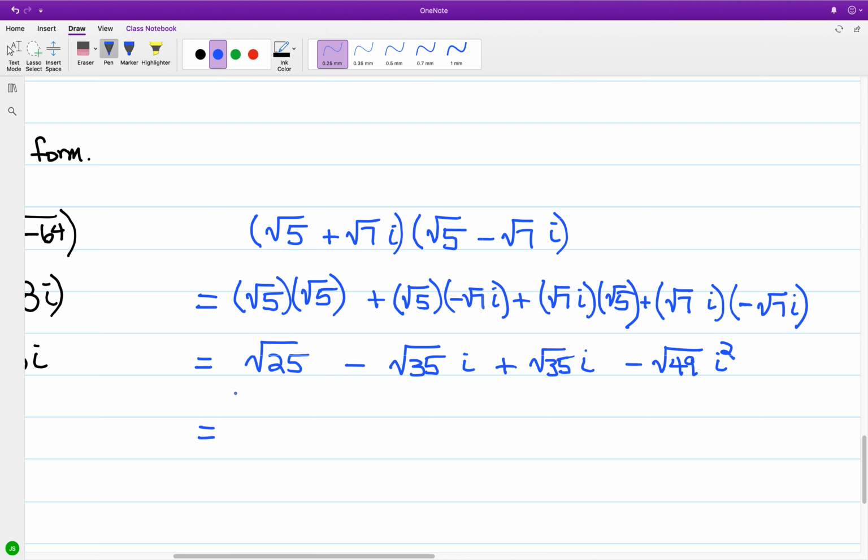Now, with the i terms of first degree in the middle, these will cancel out. And for the square root of 25, that goes to 5. And on the far right, square root of 49 is 7. i squared is going to be -1.